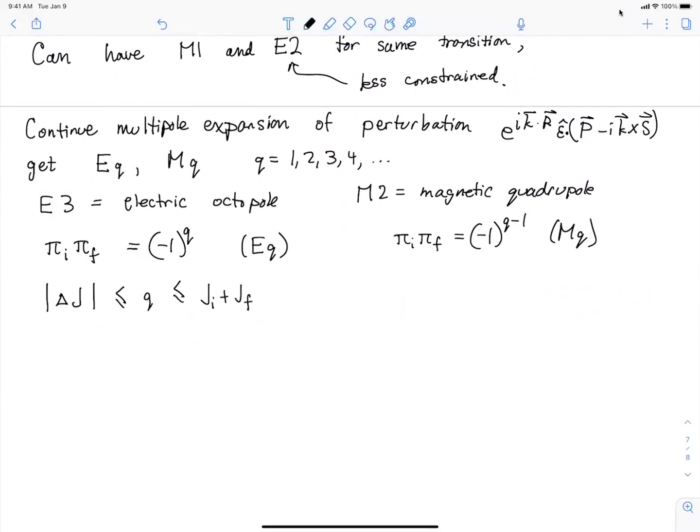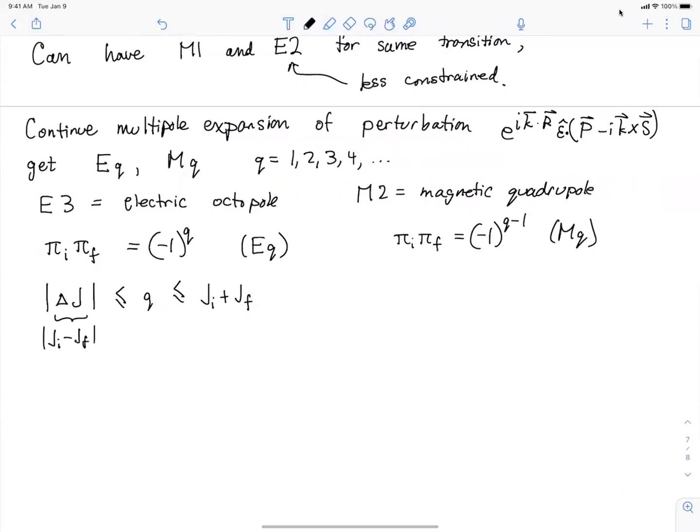And so really what that rule is reflecting is the fact that the EQ or MQ operator, when you work it out, is carrying a certain amount of angular momentum. And that angular momentum is really just h bar times q. And so by addition of angular momentum, I can rewrite this as the absolute value of J initial minus J final.